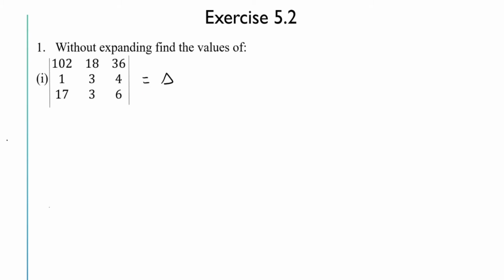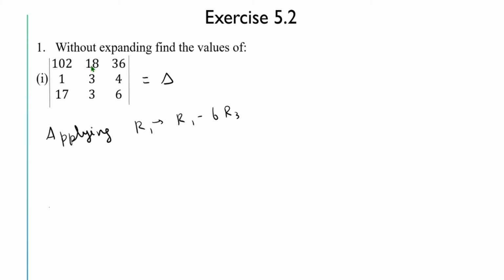Now let us apply R1 changing to R1 minus 6 R3. So here we can see that 17 into 6 is 102. So if we apply this property, then here we will get 0. 102 minus 6 into 17, 102.